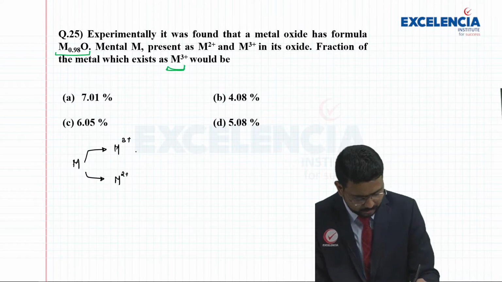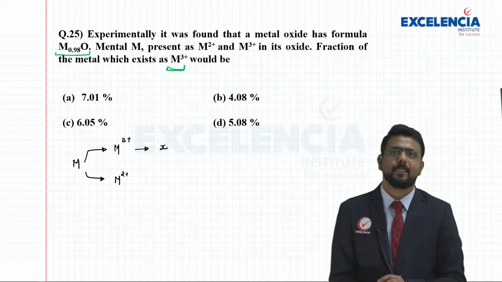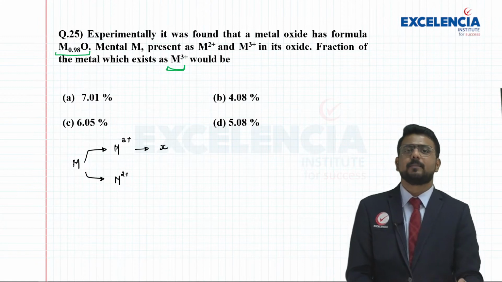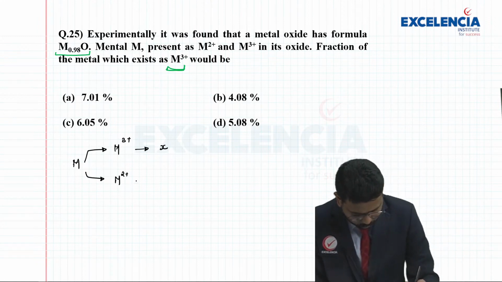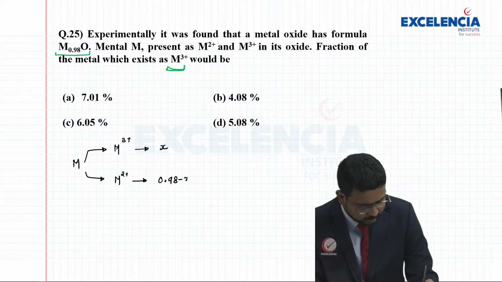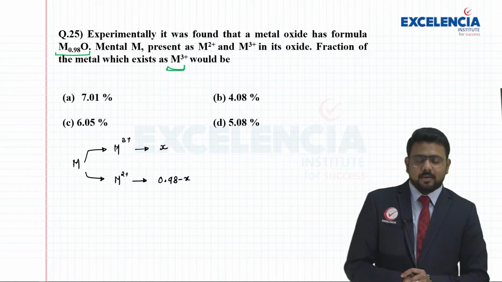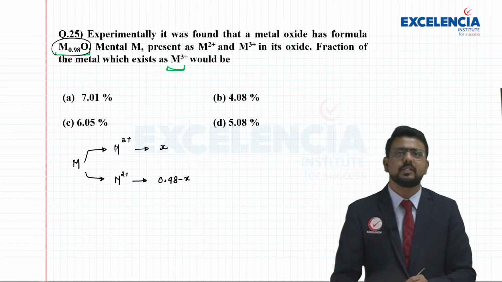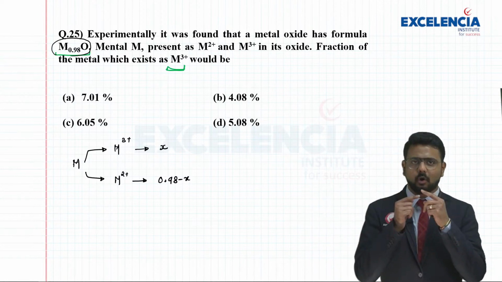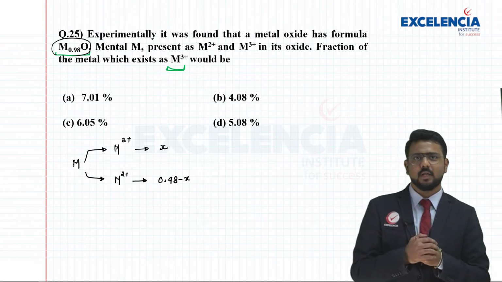And what we are doing here is, let's suppose the M3+ proportion here is X. Out of 0.98, the proportion of M3+ is X, then the proportion of M2+, we can say, is 0.98 minus X, yes or no? Now we know that this particular compound is electrically neutral. So obviously the sum of all the oxidation numbers or all the charges should be equal to 0.